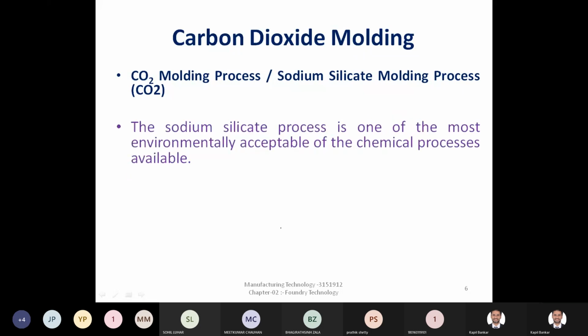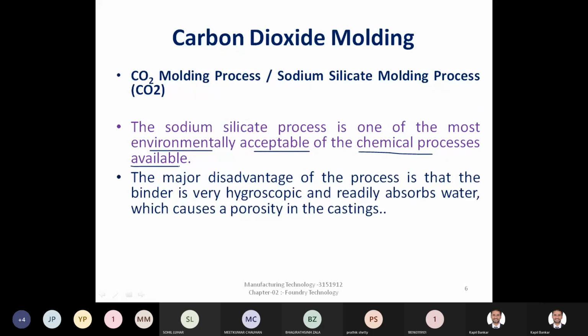The sodium silicate process is one of the most environmentally acceptable of the chemical processes available. It will not give you any corrosive or hazardous effect because of this reaction. That's why it is an almost environmentally acceptable chemical process. The major disadvantage of this process is that the binder is very hygroscopic.